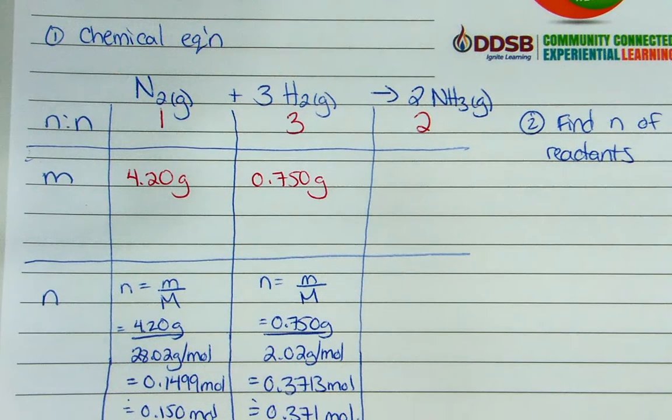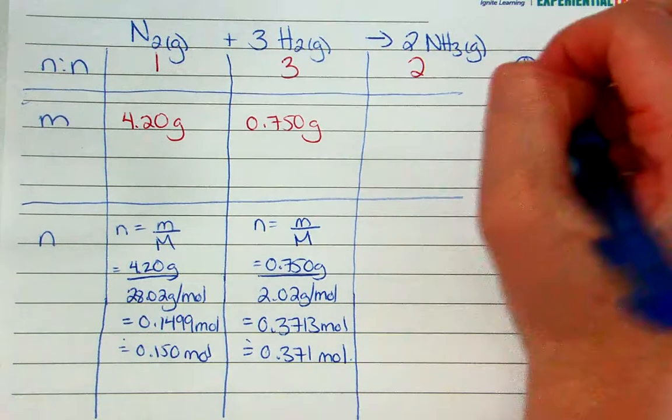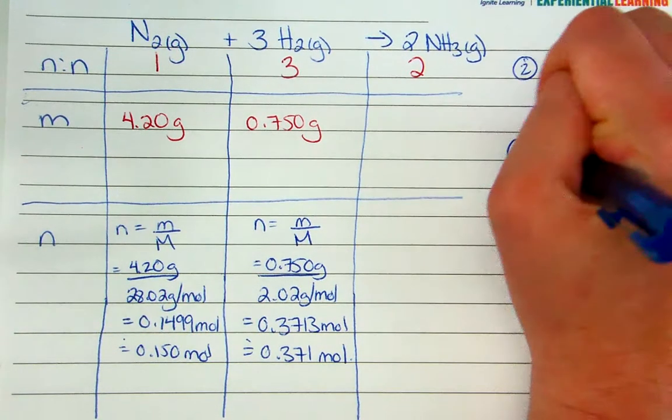And I have 0.371 moles of hydrogen gas. So that's step 2.